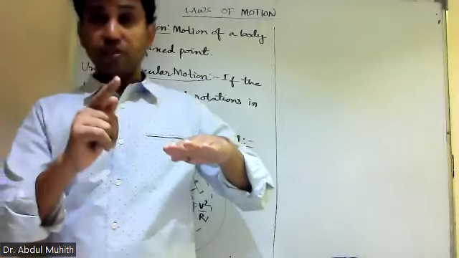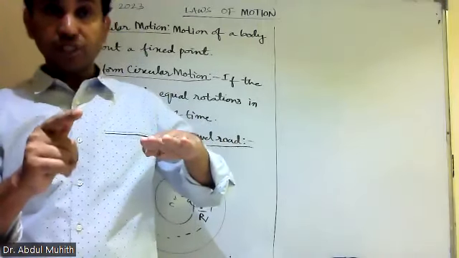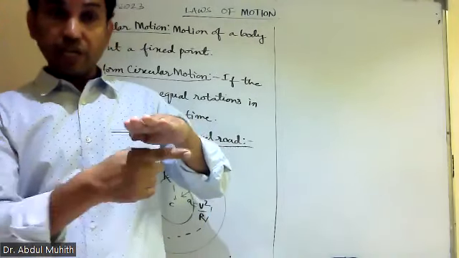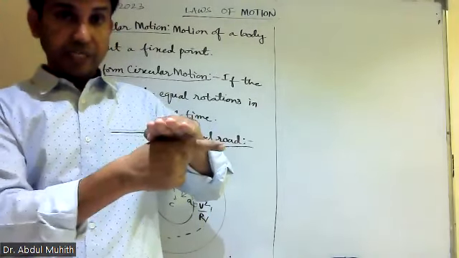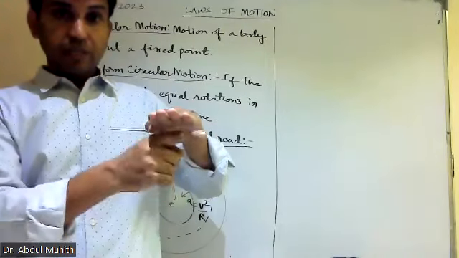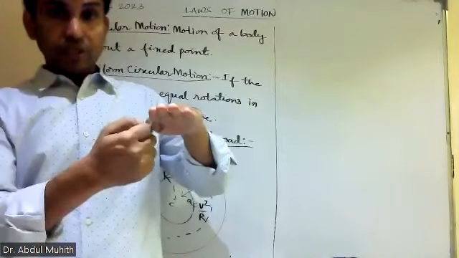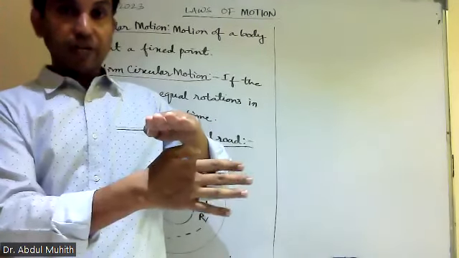There is one more friction, called maximum static friction or static friction, which is acting between the tire and the road in this direction, opposite to the tire's motion. This force is balanced with this force while taking the turn.